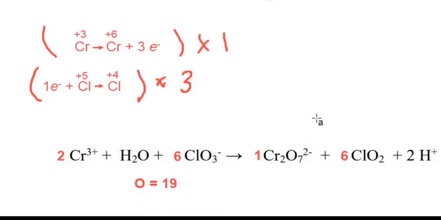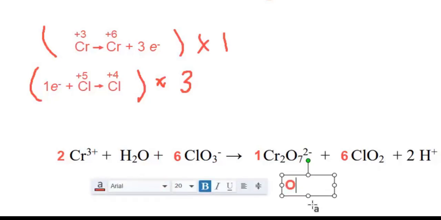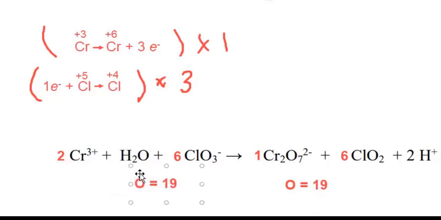Let's see if this is working out. Well, we got 7 oxygens here in the dichromate. And then we have 6 times 2 is 12. Oh, 7 plus 12? Hey, our oxygens in our product, oxygen equals 19. Man, we've got this taken care of. 2 hydrogens, everything else is perfect.